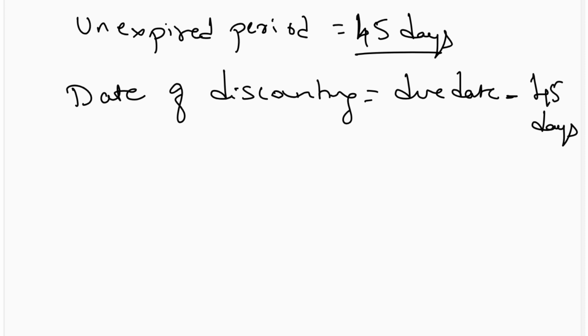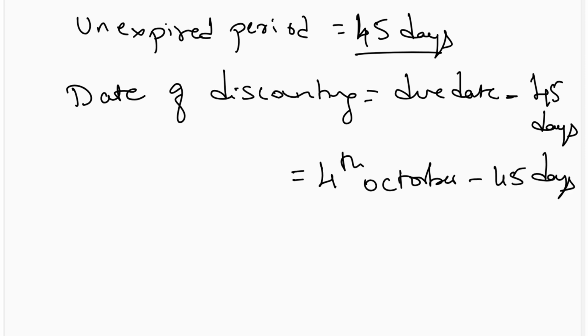So what was the due date? The due date is 4th October, because the bill was drawn on 1st April. From 1st April to 6 months plus 3 days grace, so the due date becomes 4th October.